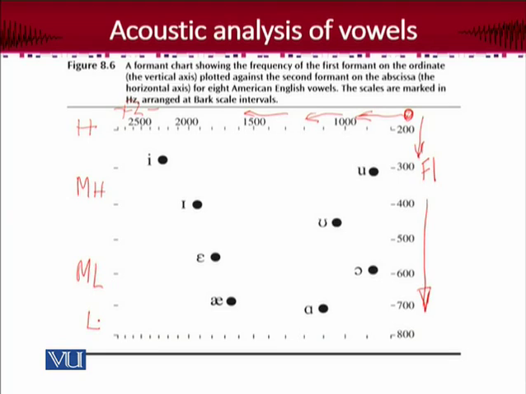So if you just see this chart of the vowels in terms of the frequencies, the values for their F1 and F2, just on the basis of F1 and F2, we can create this comparison of the traditional descriptive methodology and relate it with the frequency and the formant values.